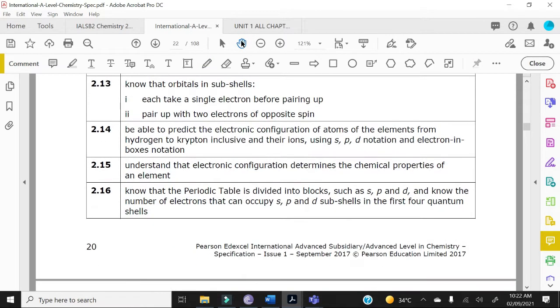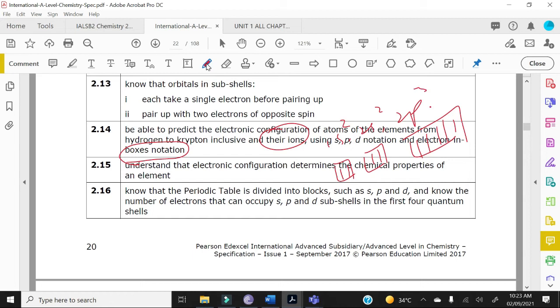Moving on to be able to predict the electronic configuration of atoms of an element from hydrogen to krypton, inclusive of their ions. So we talked about inclusive of their ions. You should be able to do the ionic configuration also, and you can do it in box notation. Okay, and you can simply do 1s2, 2s2, 2p6, but the same one you can do in the box notation if there are 3 electrons in it.